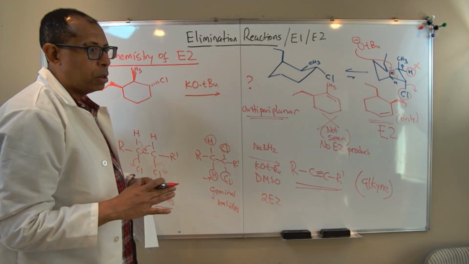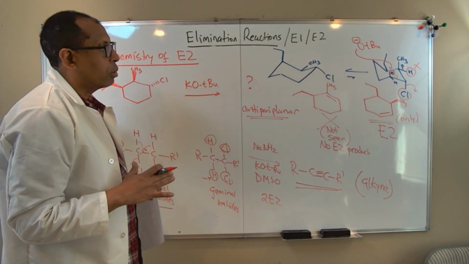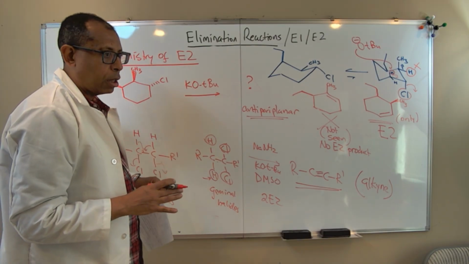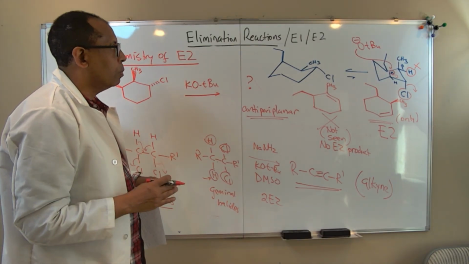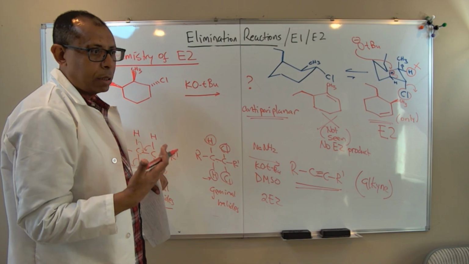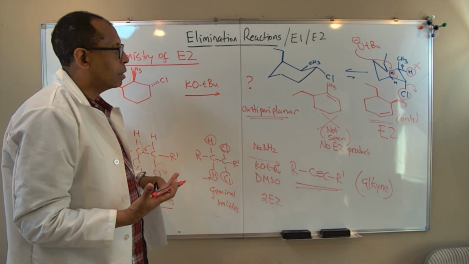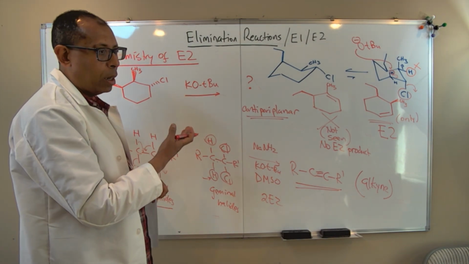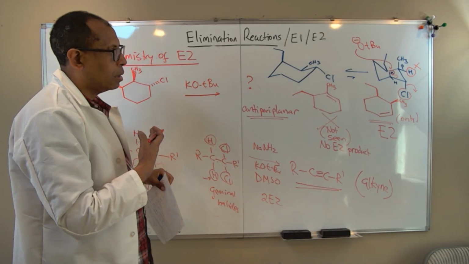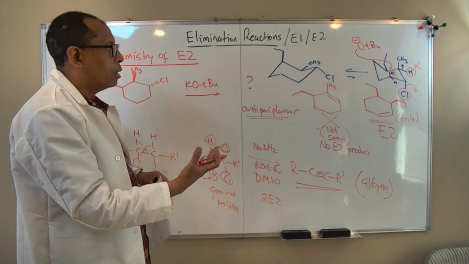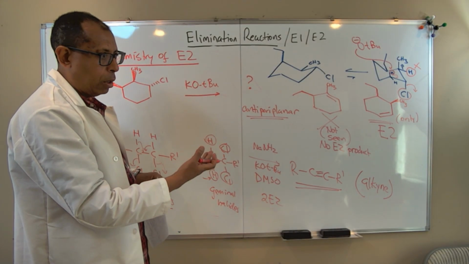So this would conclude our chapter on elimination reactions, both E1 and E2. E1 is not very useful as a synthetic method because, by forming a carbocation, it is prone to substitution by SN1.